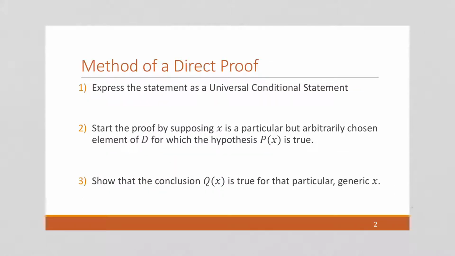First of all, as always, I want to remind you of what the steps are to doing a direct proof. Well, first we're going to express the statement as a universal conditional statement. Right?